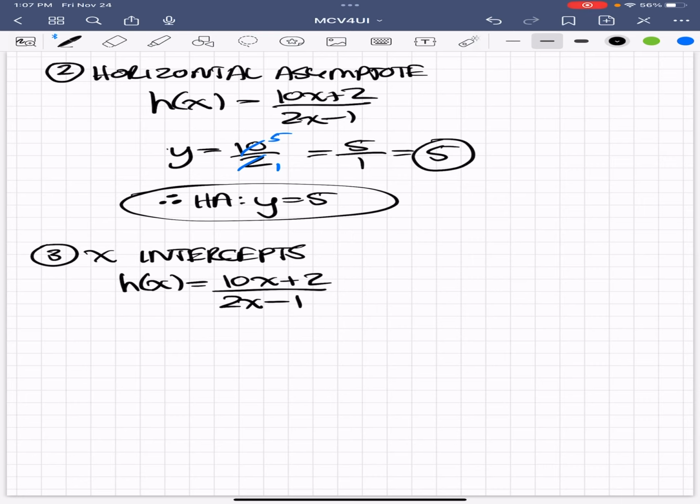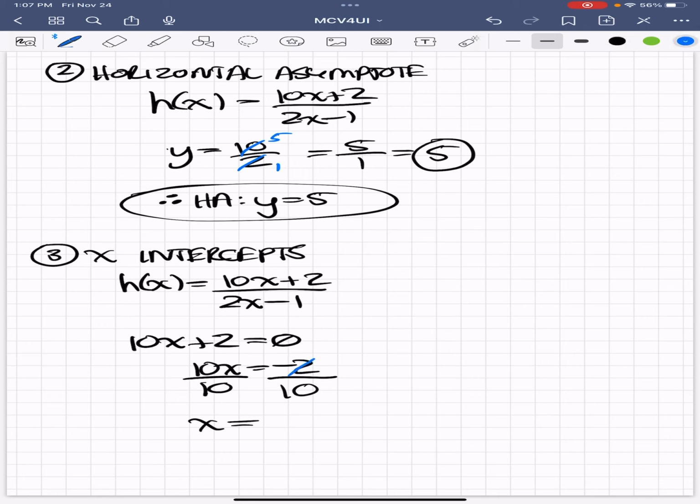So 2 goes into -2 -1 times, and 2 goes into 10 5 times.